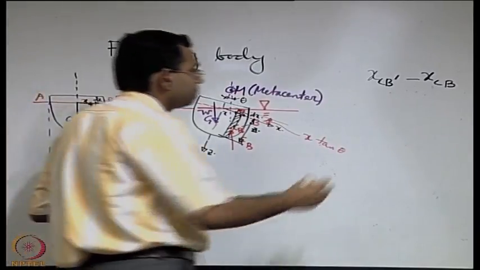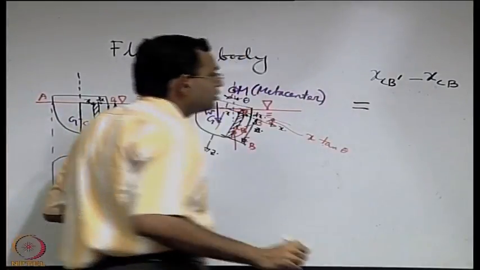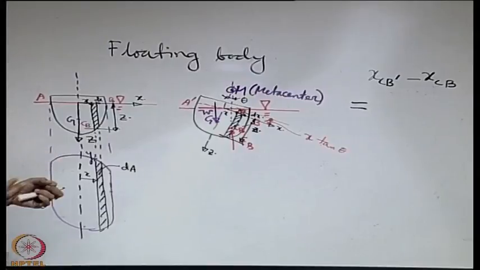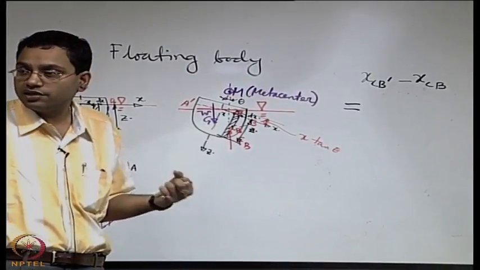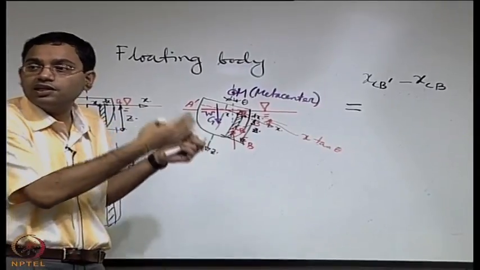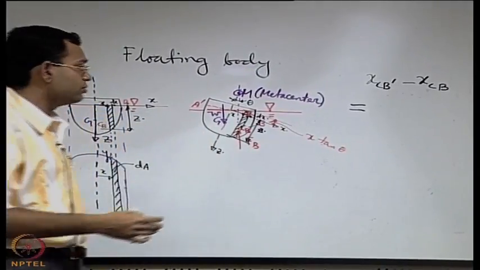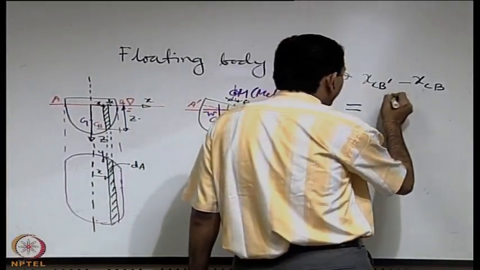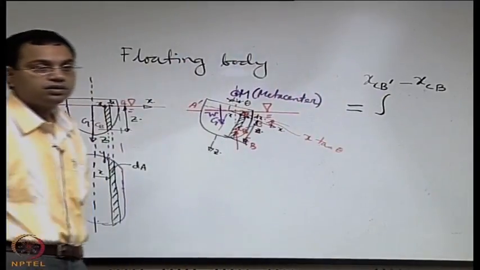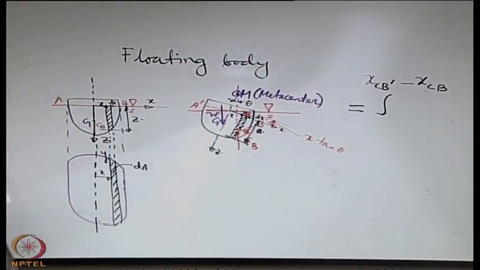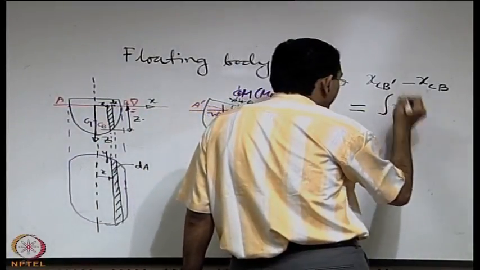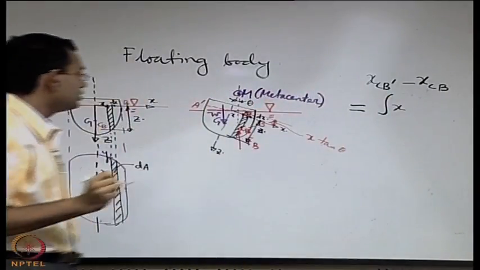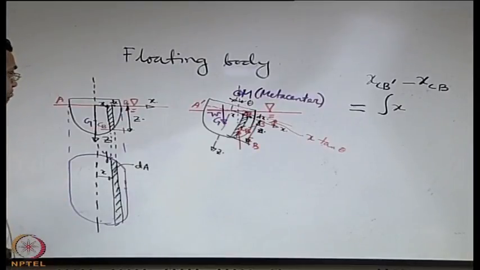What is that? Center of buoyancy you can calculate by utilizing the formula for the centroid of a volume, which is here the displaced volume. So this will be integral of x dV. So x is this x, what is dV?